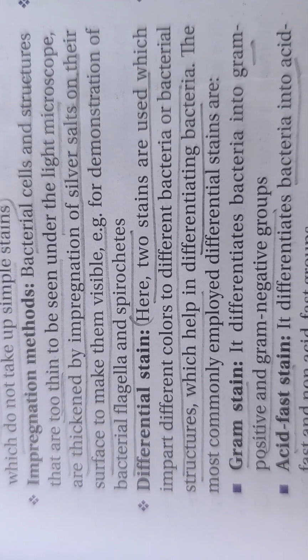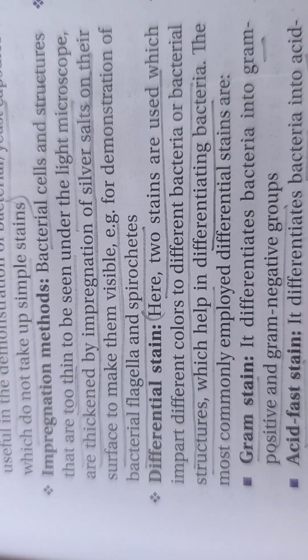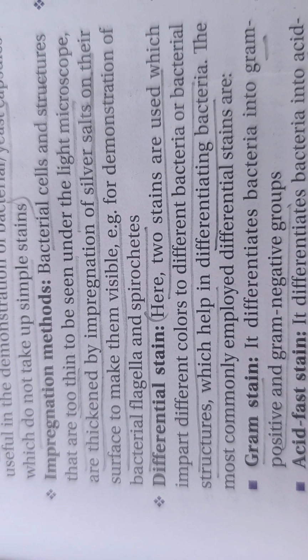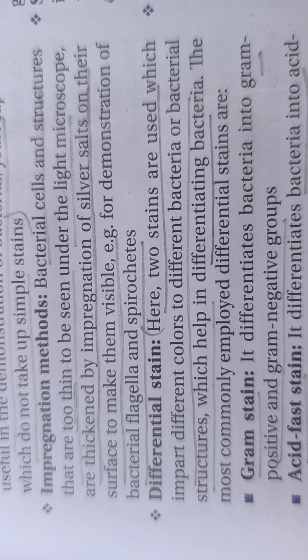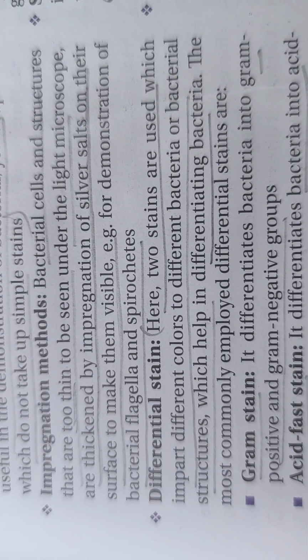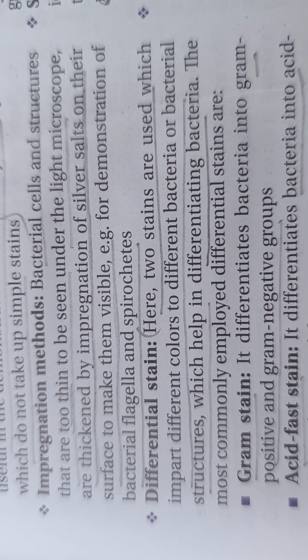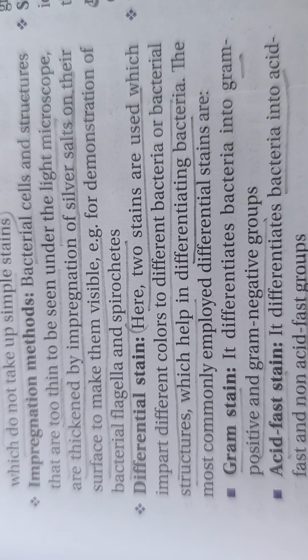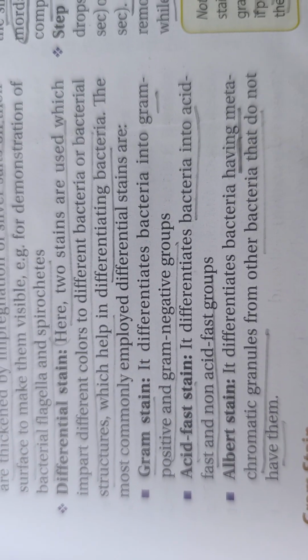Impregnation methods. Bacterial cells and structures that are too thin to be seen under the light microscope are thickened by impregnation of silver salts on their surface to make them visible, for demonstration of bacterial flagella and spirochetes.